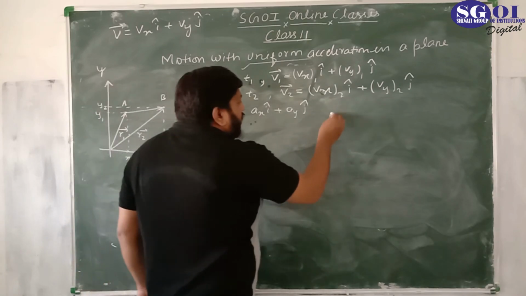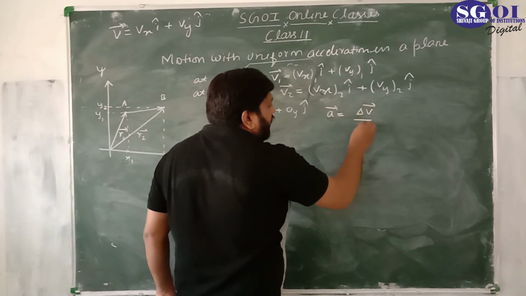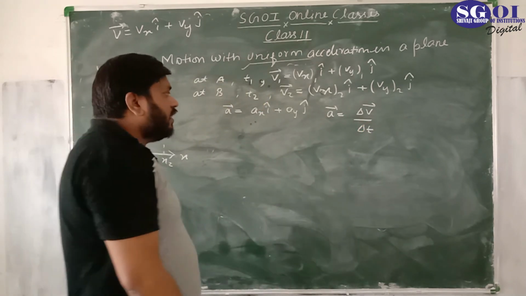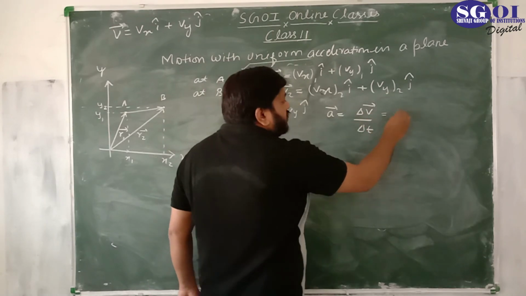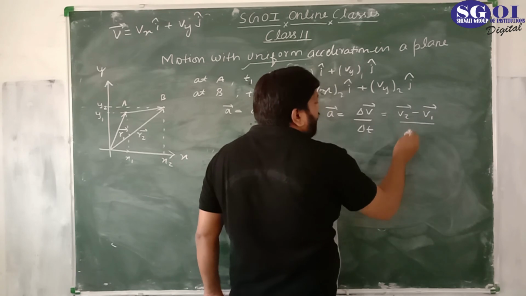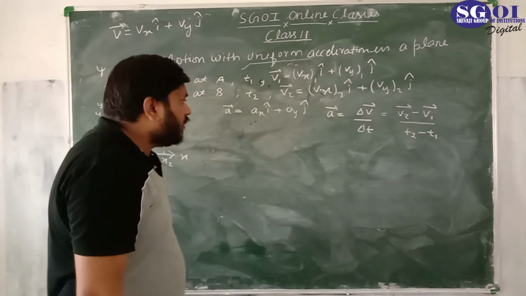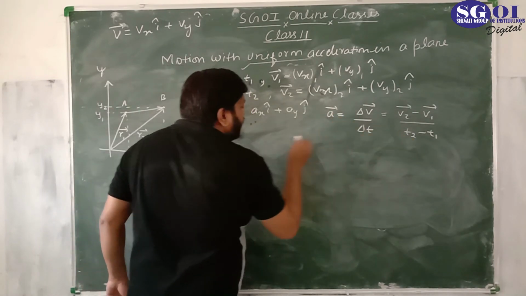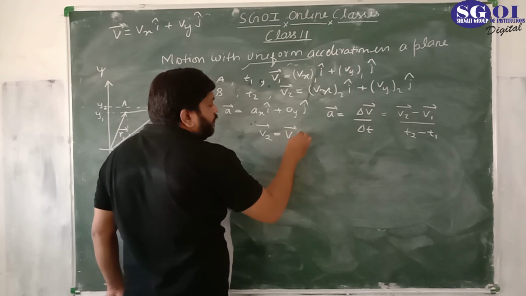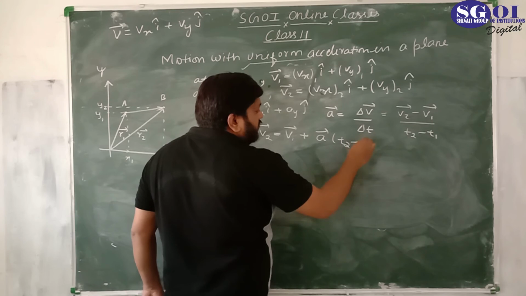Now we know that the acceleration a is equal to delta v over delta t, the change in velocity with respect to the time interval. So delta v is the final velocity v2 minus v1, upon delta t, which is t2 minus t1. On cross multiplication, finally v2 vector is equal to v1 plus a times t2 minus t1.